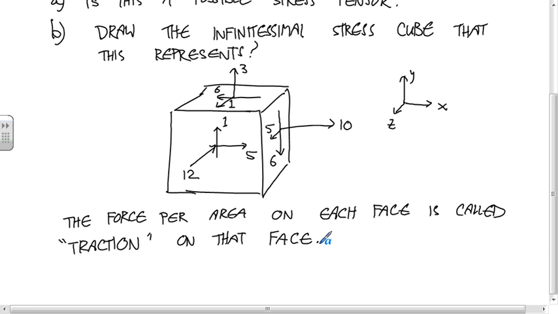And so now I'm going to talk a little bit about traction. The relationship between the stress tensor and tractions is a really important thing for coming up with boundary conditions. Okay, so traction.